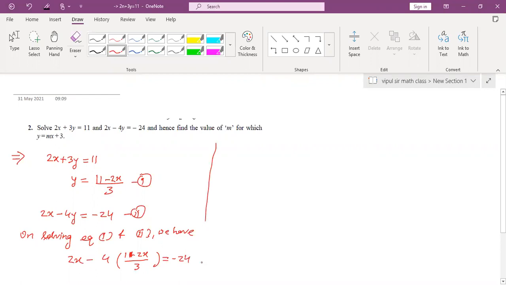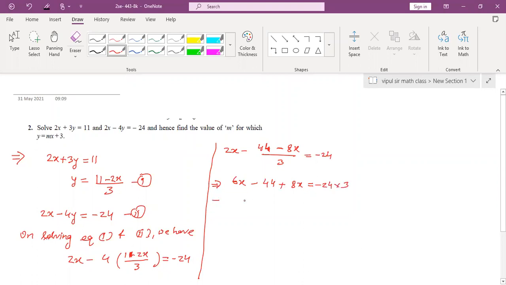If you simplify this, you will get 2x as it is minus 4 times 11 is 44, minus 4 times 2x is 8x upon 3, is equal to minus 24. So this will be 6x minus 44 plus 8x is equal to, taking this 3 to the other side, minus 24 into 3.